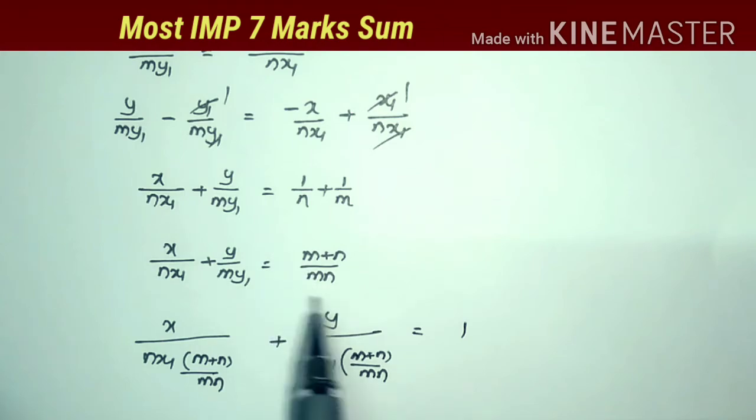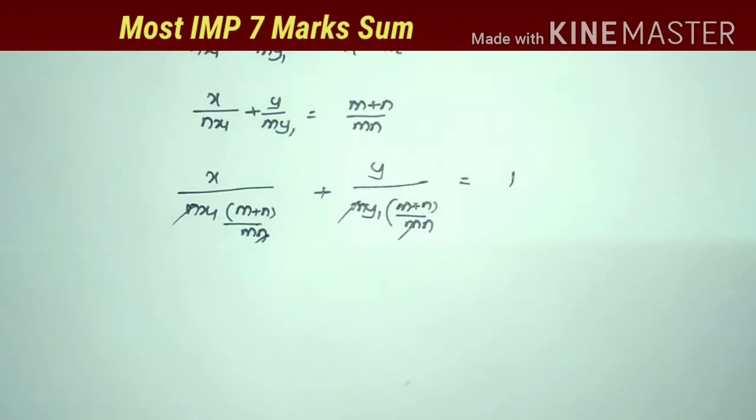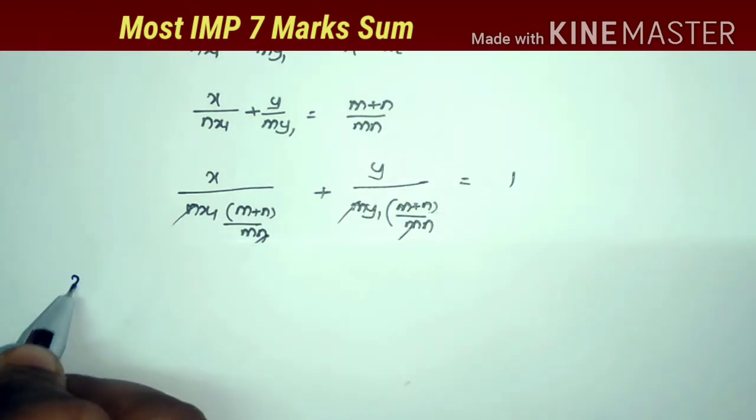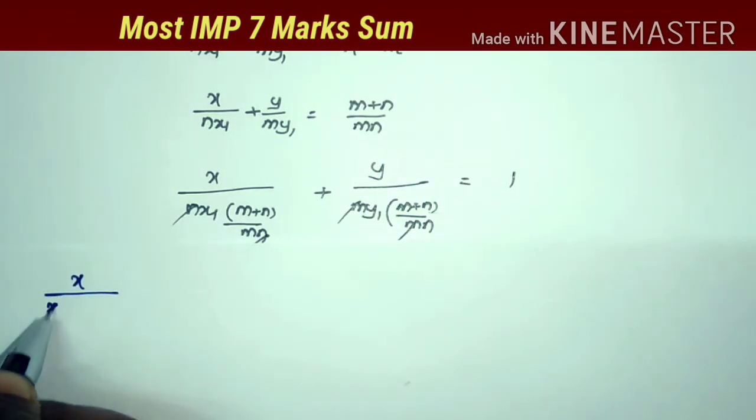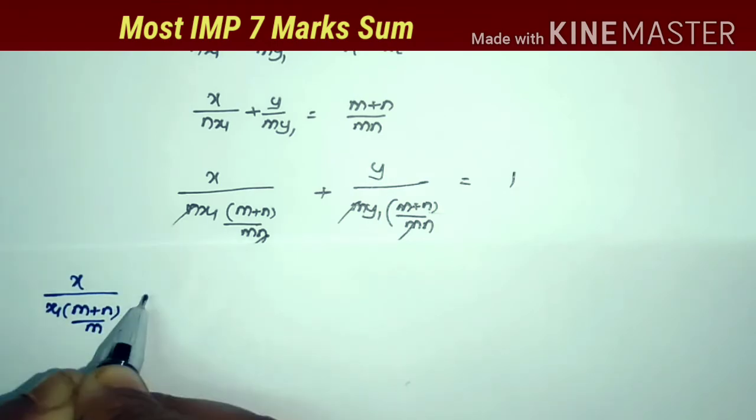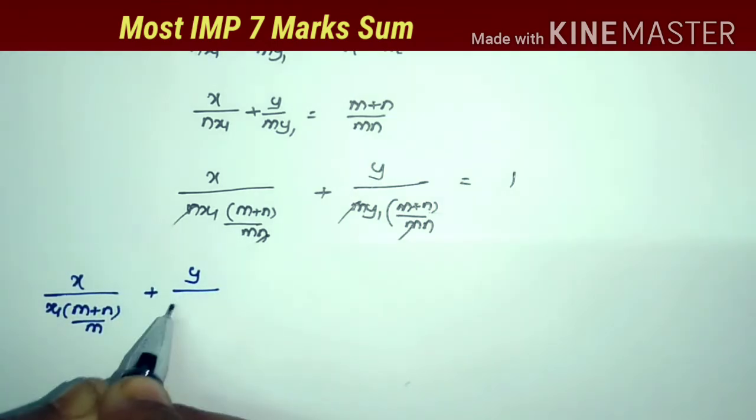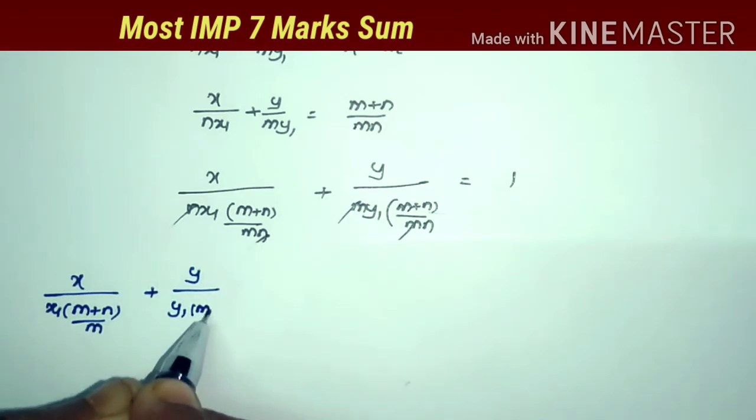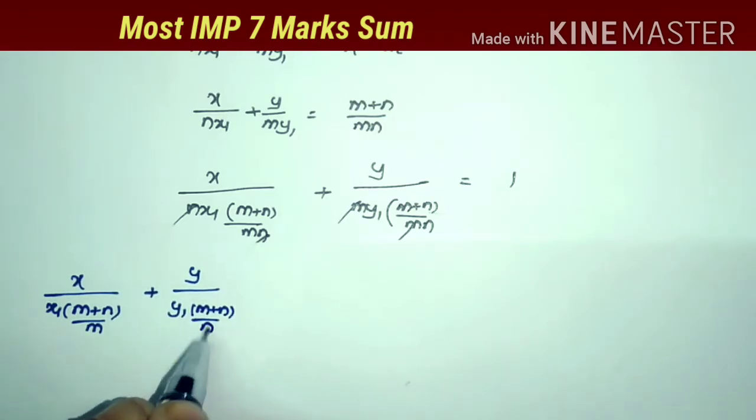Now, here n and n get cancelled and here m and m get cancelled. So the remaining equation is x by x1 into m plus n by m plus y by y1 into m plus n by n is equal to 1.